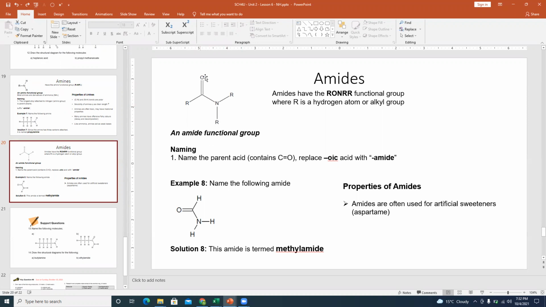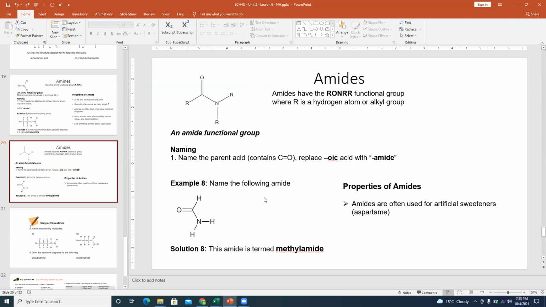When you have these two present together, you have what is called an amide. It contains the C=O and an N, and the nitrogen is attached to two other groups, which can be hydrogen atoms or alkyl groups. So these R's at this end could be just hydrogens, or they could be longer hydrocarbon chains.